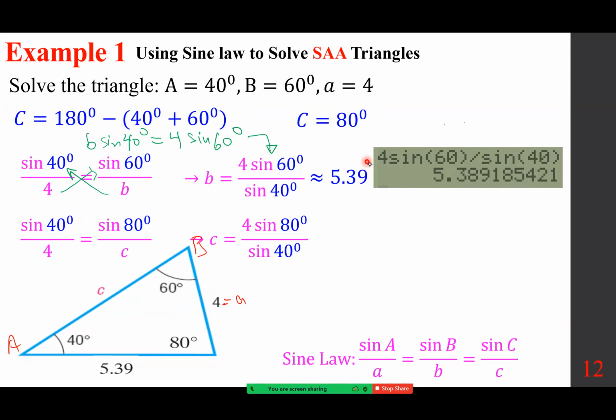And roughly with a couple of decimals, we end up with 6.13. So C is given, replace it, and we got all sides, all angles. So when they ask to solve the triangle, that means find capital A, B, C, and lowercase a, b, c, all angles, all sides.